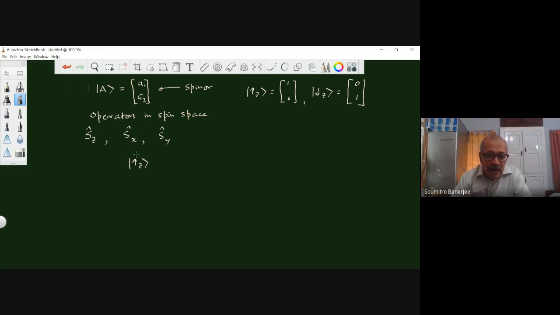So if it is prepared in this state and we observe it by another Stern-Gerlach apparatus oriented in the z direction, then all the silver atoms will go to the upper spot, which means that they will have a spin angular momentum of plus h cross by 2. This observation essentially means that this is an eigenvector with eigenvalue plus h cross by 2.